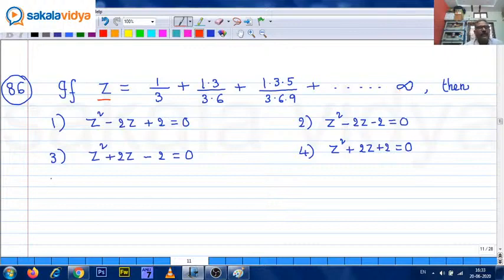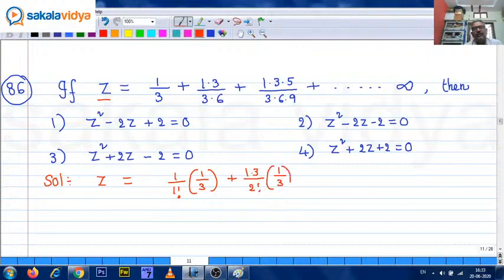So first write down the solution like this. z equals 1 by 1 factorial into 1 by 3, plus 1 times 3 by 2 factorial into 1 by 3 whole square, and so on to infinity. It is an incomplete series; the first term, 1, is not there. Add the first term: 1 plus z.